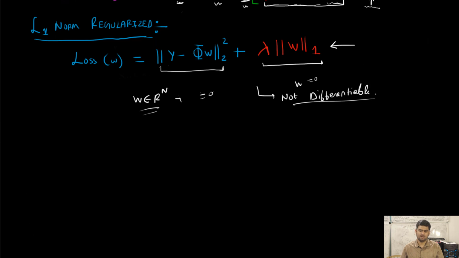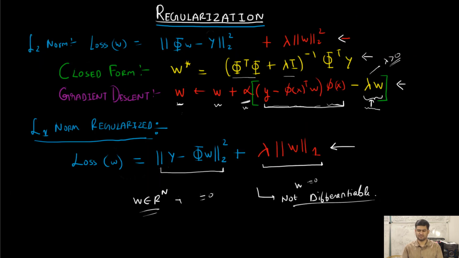At that point, as we studied in the previous lecture, we can use subgradients instead of a gradient, and then we can have a subgradient descent algorithm.